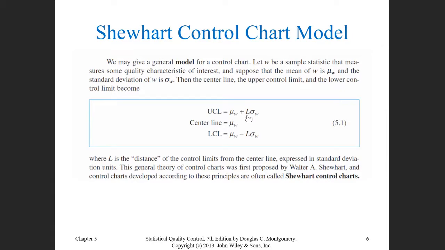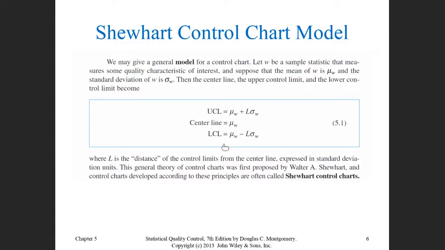It is the distance from the center line to the control limits. Now we are at the upper control limit, so it is the distance between the upper control limit and the center line, which is the mu.